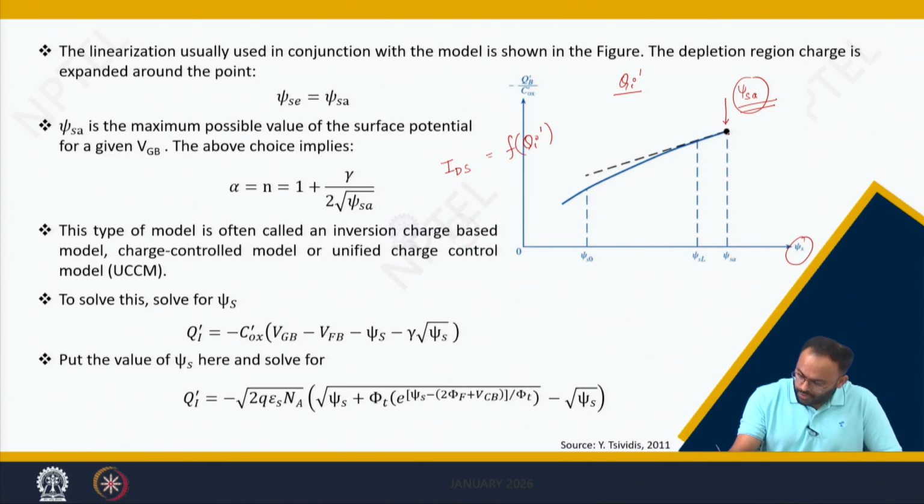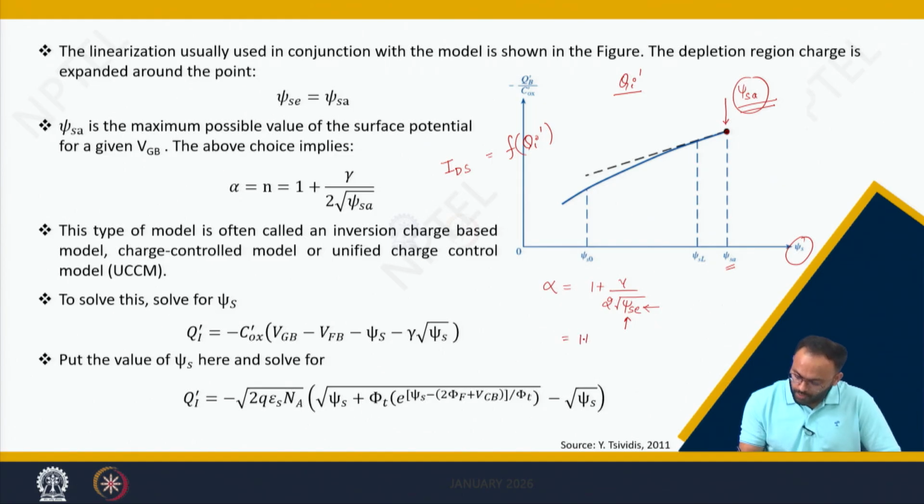If we are choosing psi sa as the linearization point, we can simply write alpha as 1 plus gamma divided by 2 times root psi se, where psi se was the expansion point we discussed in the previous lecture. For the sake of simplicity, as I mentioned, we are taking psi sa as the linearization point.